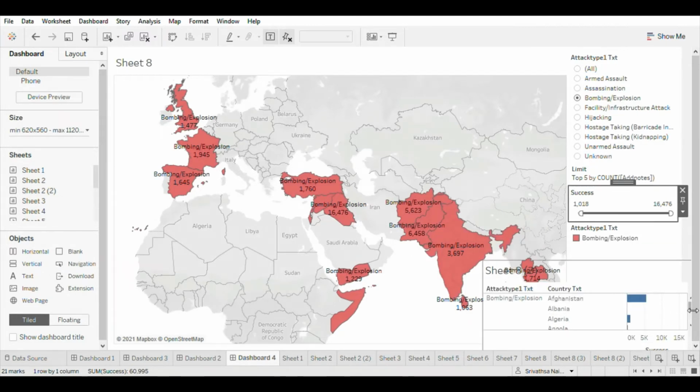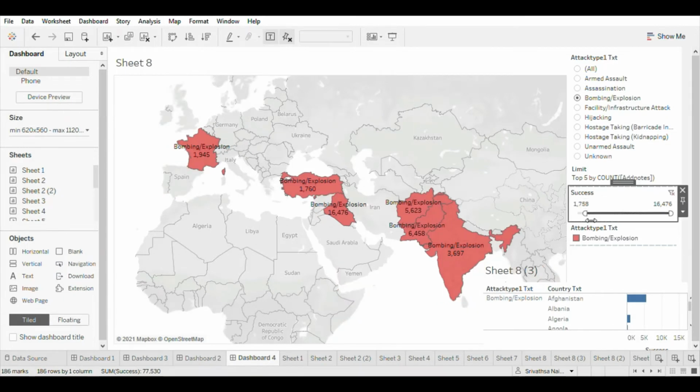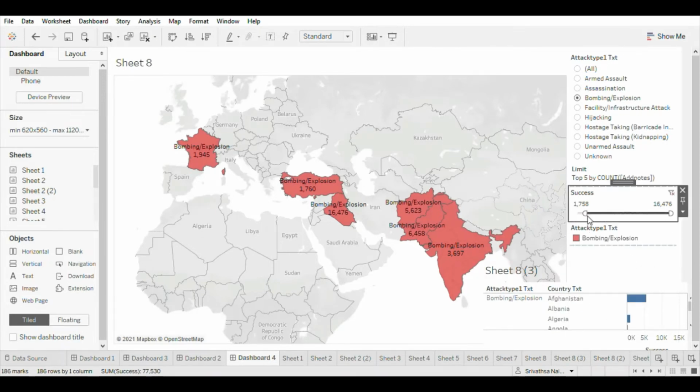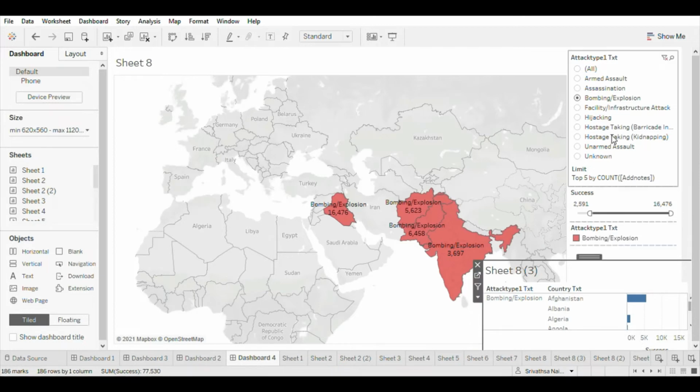When I increase the filter to show more number of nations, we can see where Iraq is. I'll have to filter it more so that it shows me only the highest number of bombings that has taken place in that given spot.